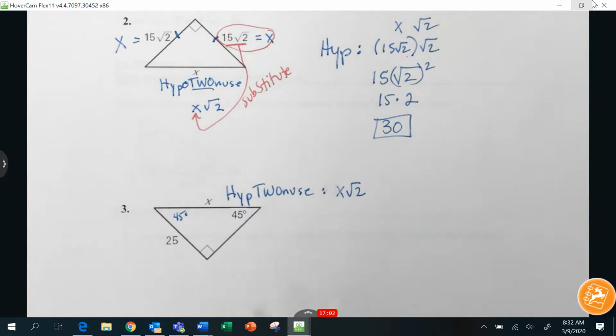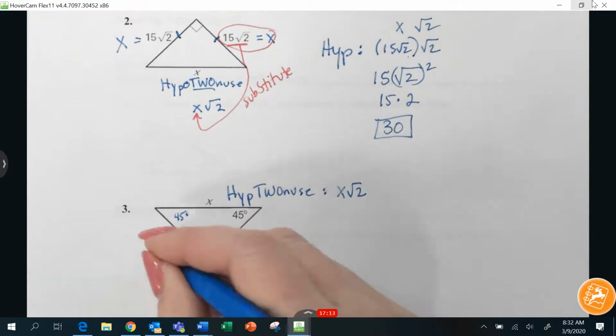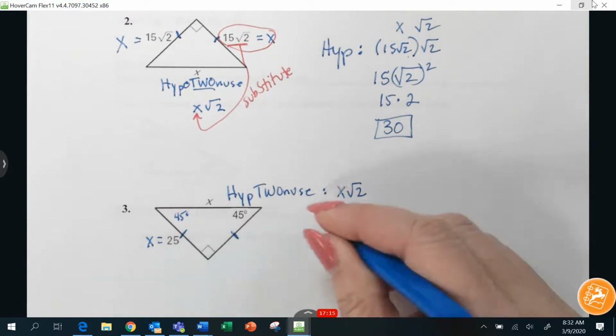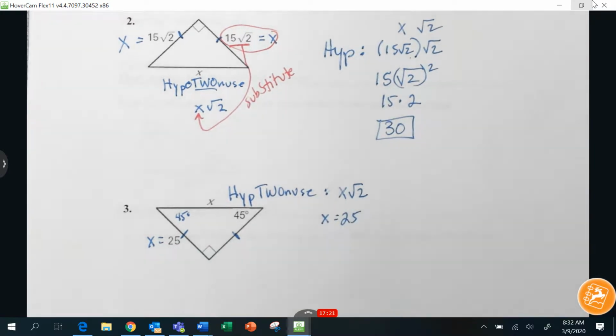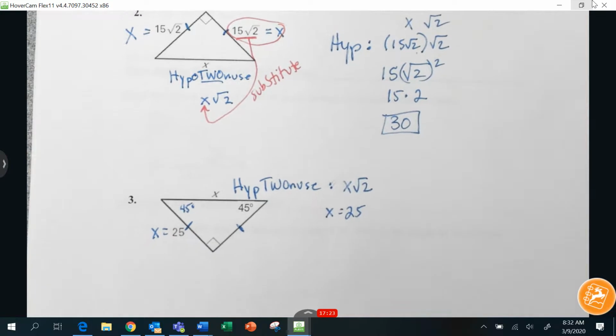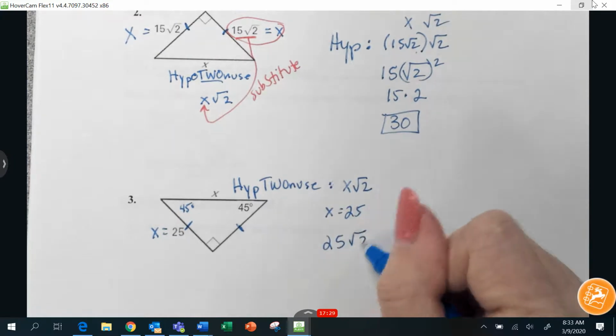The other two sides have what formula? Yep. So if I know that x is 25, and I need to find the hypotenuse of x radical 2, Maggie, can you help me? And that's it.